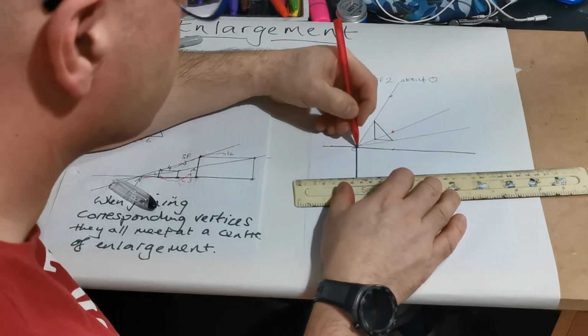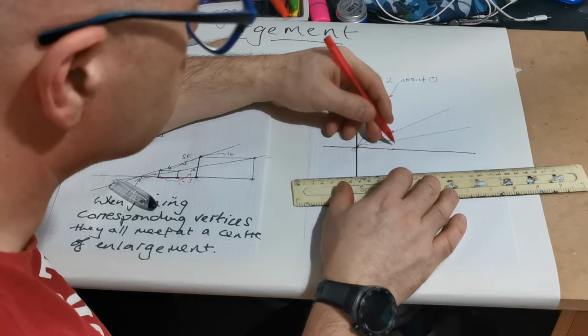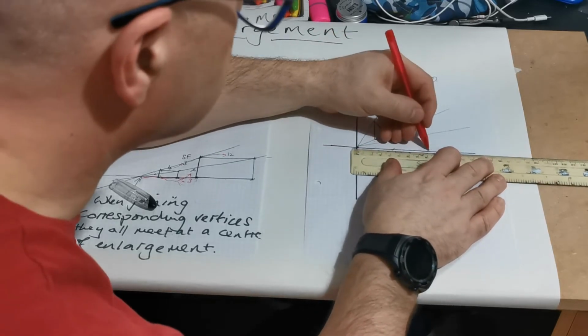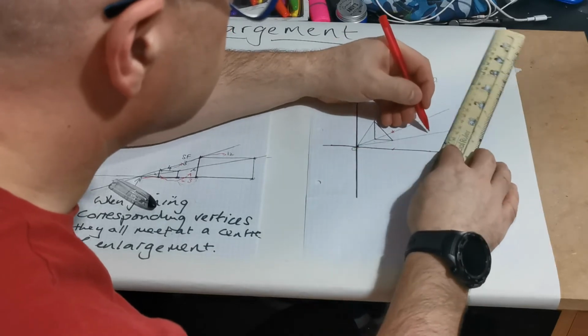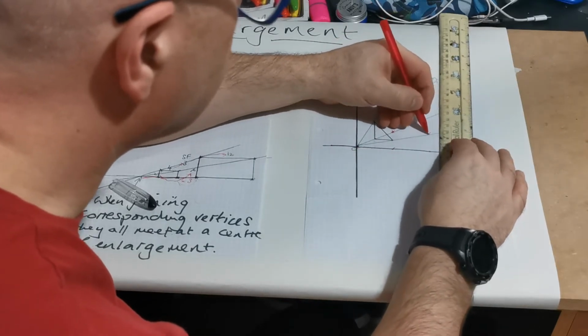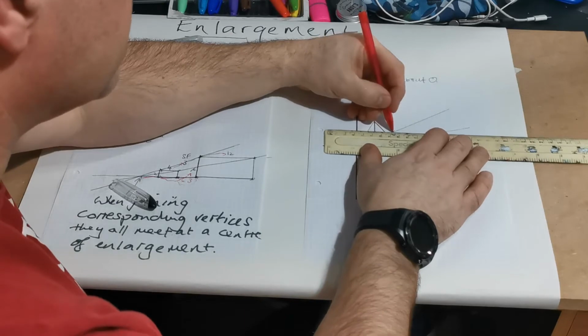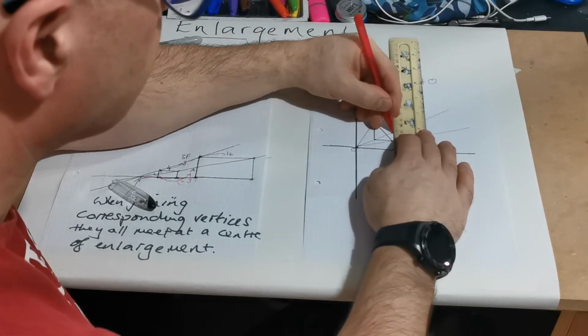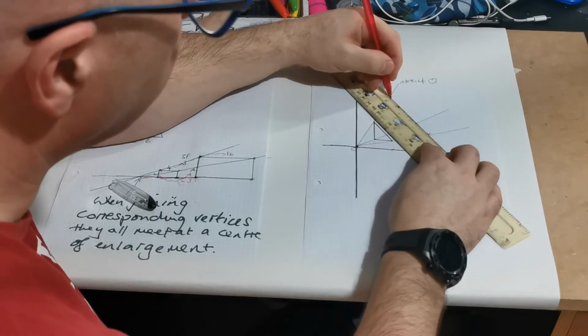And then this one, this is 8 squares along and then 3 squares up. So I want to go 16 squares along and then 6 squares up, which would be around there. And that gets me my enlargement. There and there.